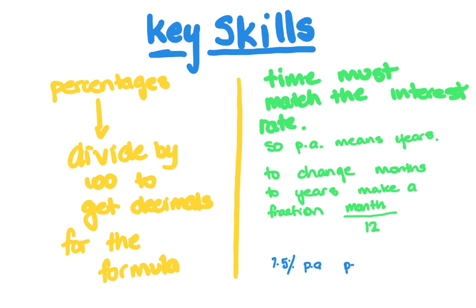That means per annum, in other words, per year. So if the rate is per year, we have to change the time of the investment to years as well. To change months to years, make a fraction, months over 12, and pop that in the equation.